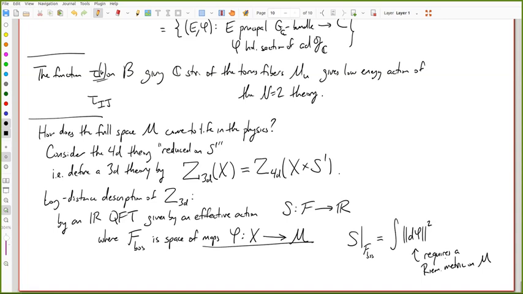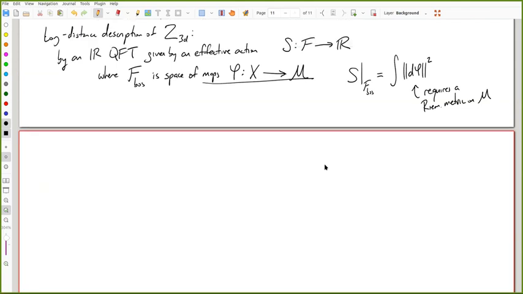And that metric, moreover, because of the amount of supersymmetry in the problem, you can prove that this metric has to be hyperkähler. So this compactification produces a Riemannian metric on M, the total space of the integrable system, which moreover is hyperkähler.